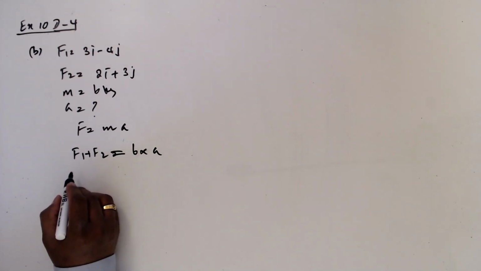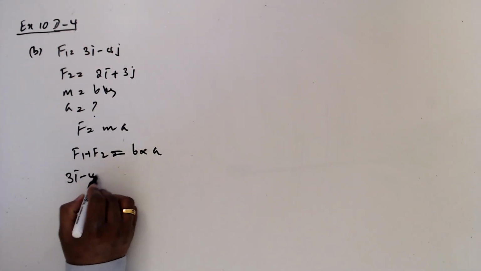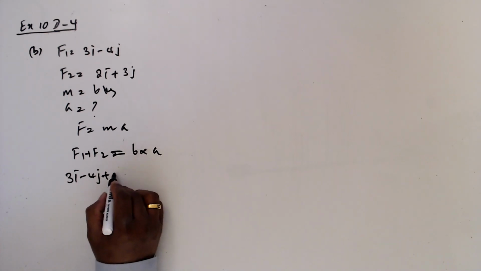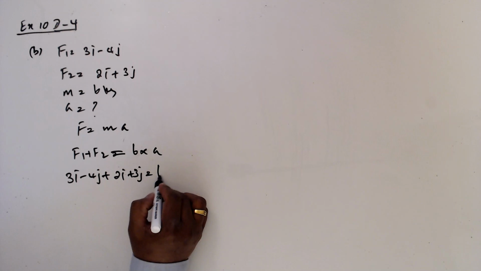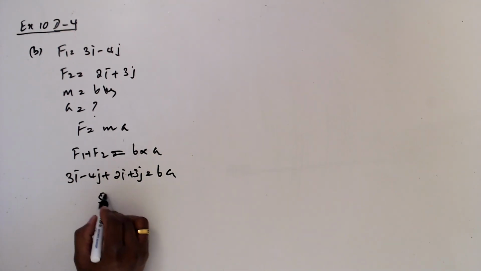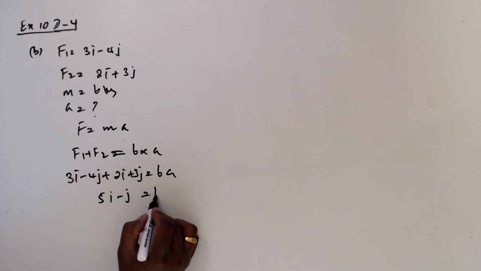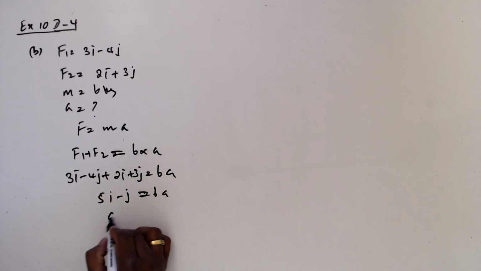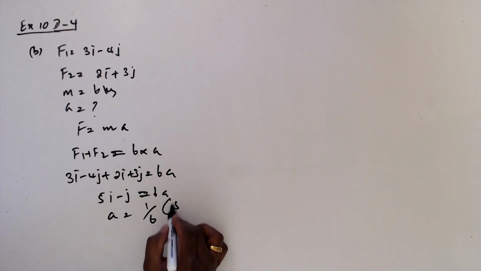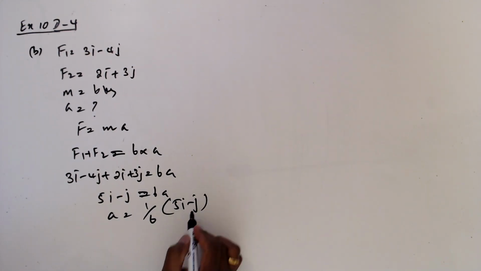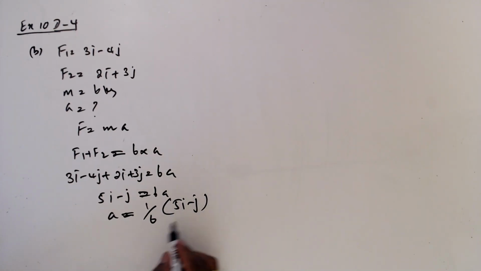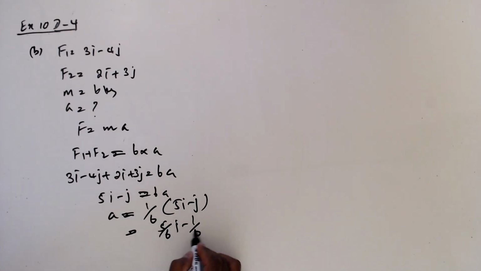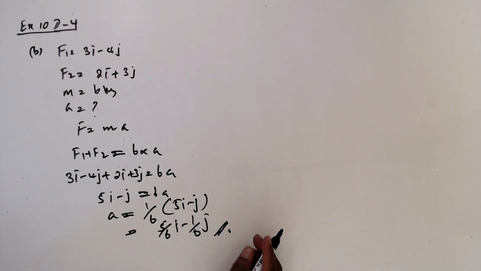F1 is 3i minus 4j plus 2i plus 3j equals 6a. So this is 5i minus j equals 6a. So a equals 1 over 6 times 5i minus j. This is a vector. We can multiply a vector by a scalar. So 5 over 6 i minus 1 over 6 j.